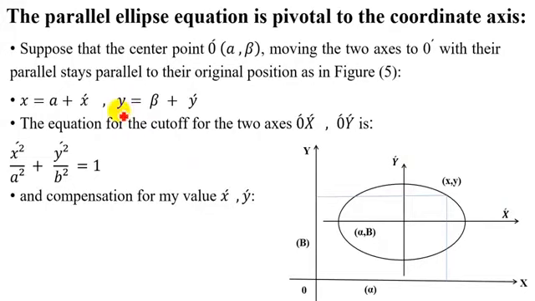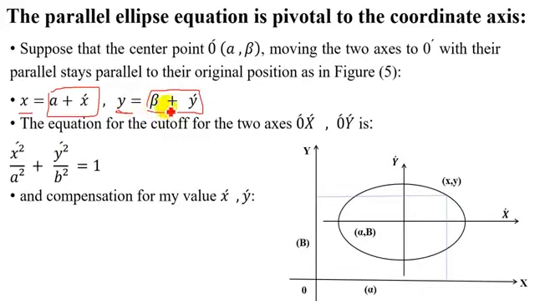From here we'll find that the original y equals beta plus y dash, and the original x will be alpha plus x dash. Our equation changed to that, so we cannot work with this, so we should return this one back to x and this one to y.